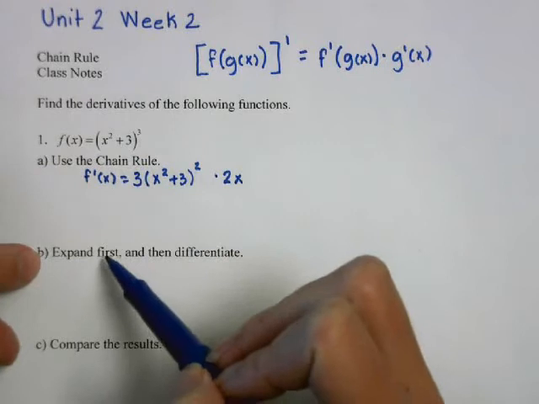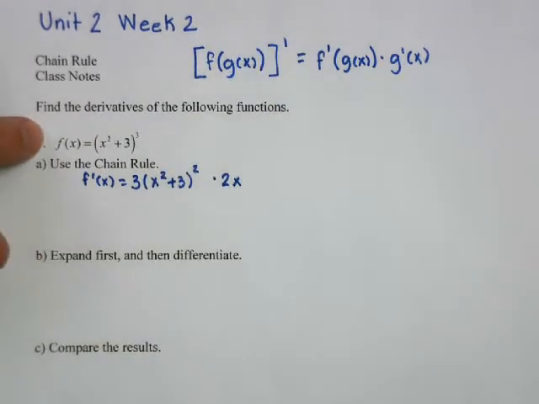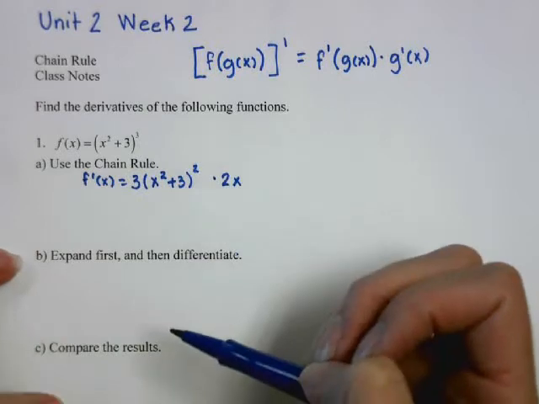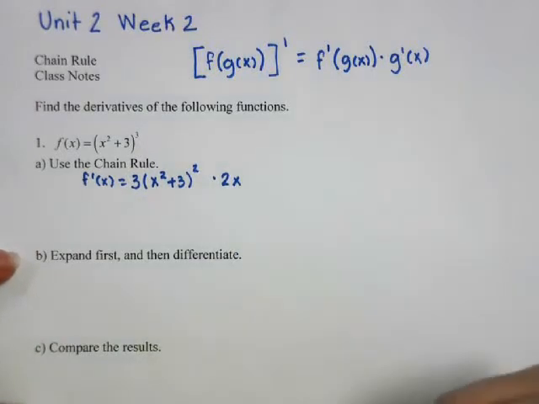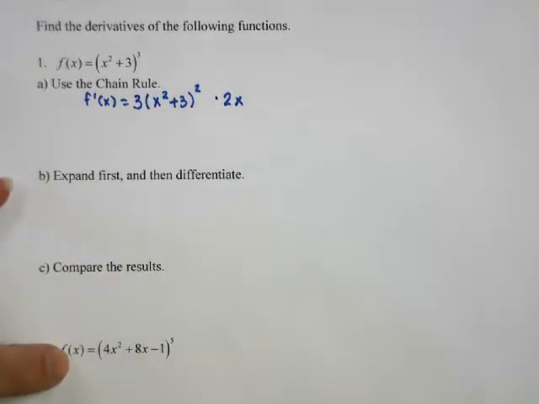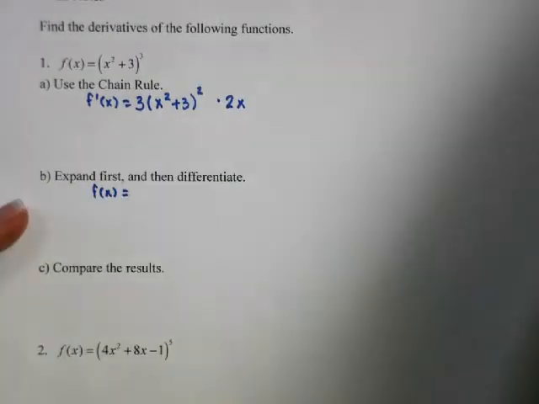Now I'm going to do it by expanding it first, and then differentiate. So this is a cubic one. Again, we're going to use Pascal's triangle and the binomial theorem to do this expansion.